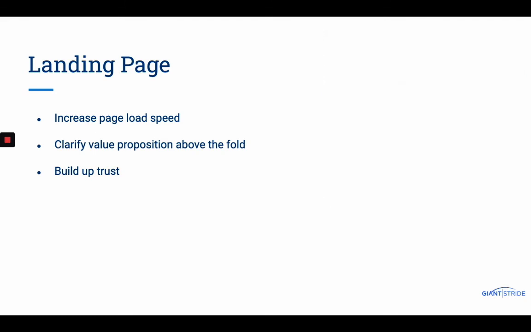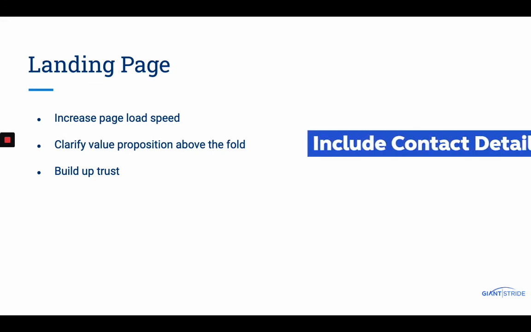The final suggestion I have for you under increasing trust on your landing page is making sure your contact details are visible, right? So you want to visibly display your contact details on your site. By doing so, you're providing your prospects with the reassurance that if they ever have a problem, they can simply email you or pick up the phone and get in touch.